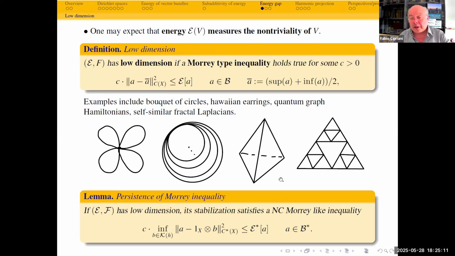This is not completely surprising in the sense that even if instead of the Morrey type inequality, we consider the Poincaré inequality, the spectral gap inequality, since the tensorization is with the identity operator, also the Poincaré inequality is true for the stabilization. No?